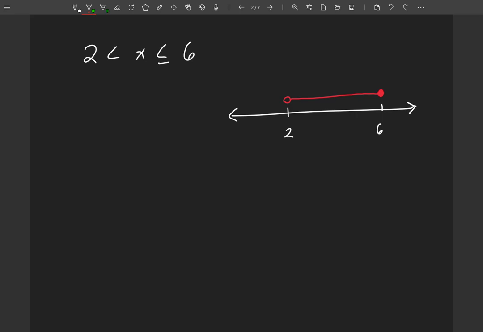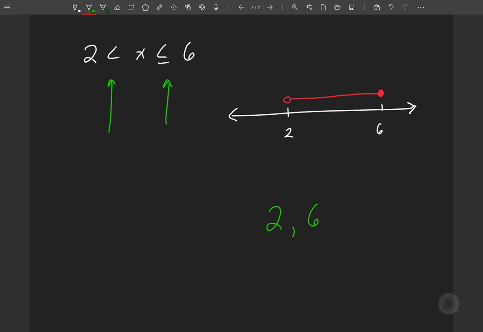I'm just going to write down the left endpoint, which is 2, comma, the right endpoint, which is 6. And I do need to have something that denotes whether they're included or not, right? Because this information is encoded here, or in the dots, but in this new notation, I need something to say whether it's included or not.